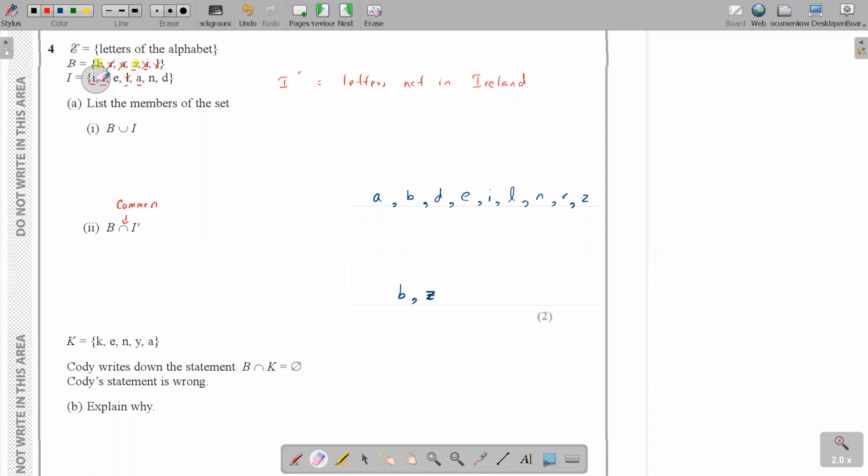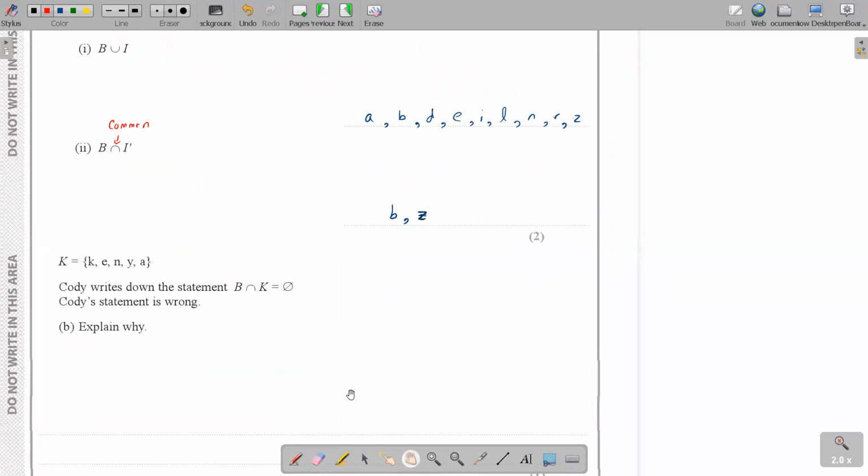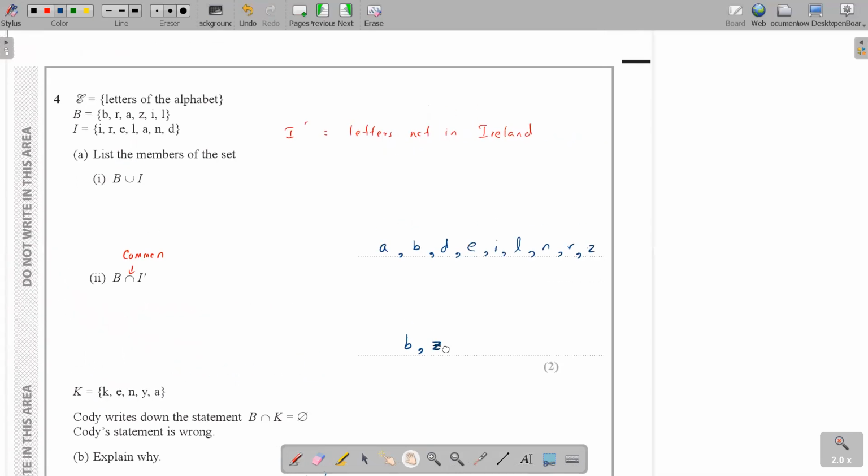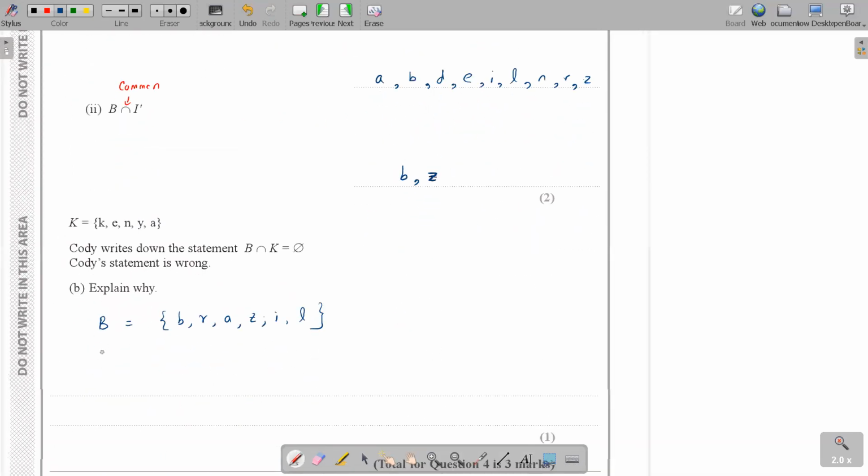Set B and set K. Let's write it down. Set B had the letters of Brazil, B R A Z I L, and set K has Kenya.